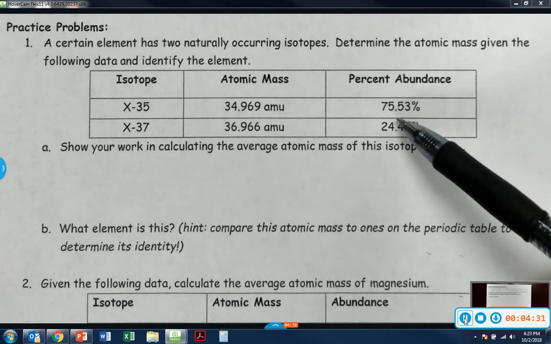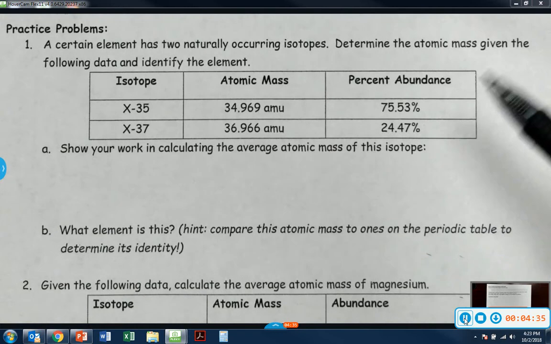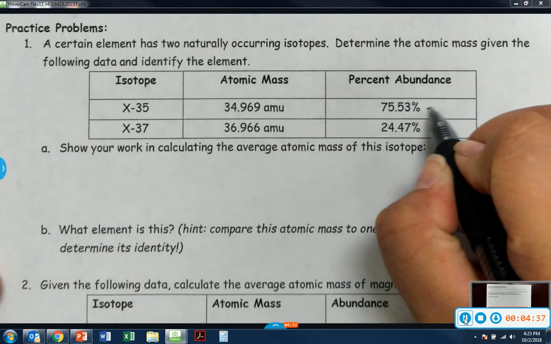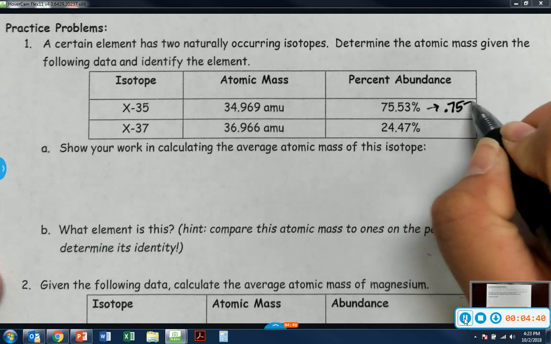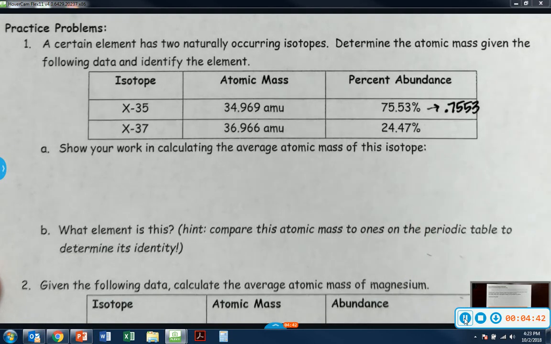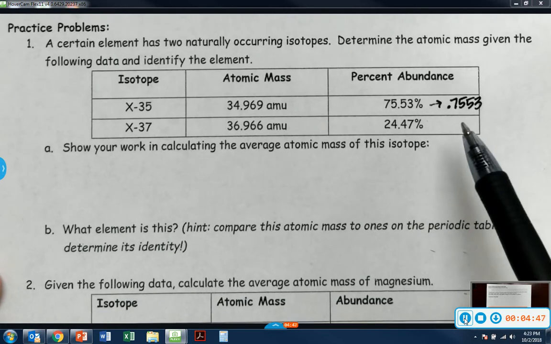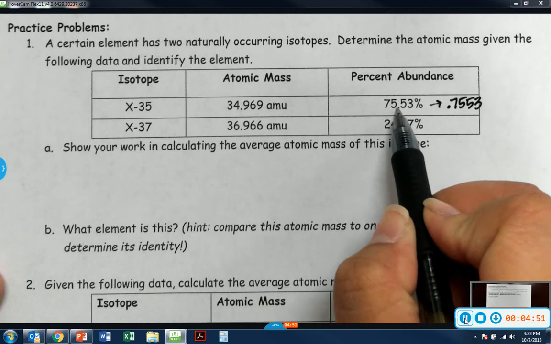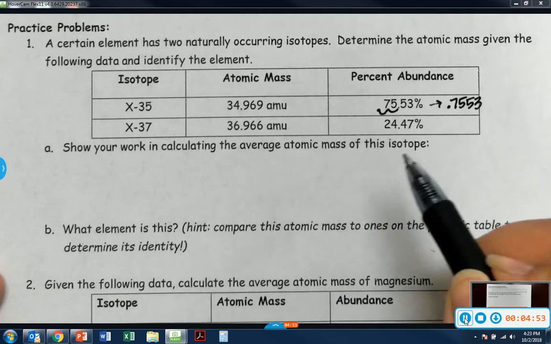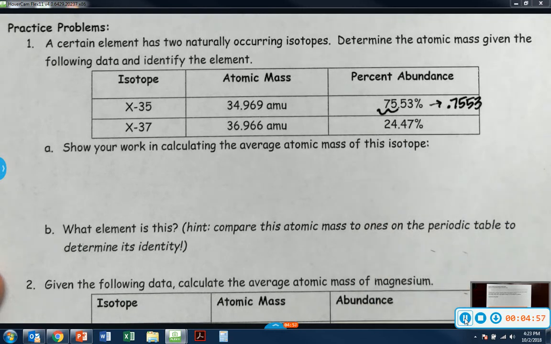So 75.53%, if we divide that by 100, we would get 0.7553. Instead of dividing by 100, we can always just move our decimal place over 2 times.